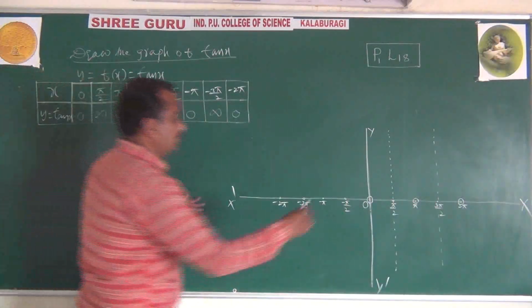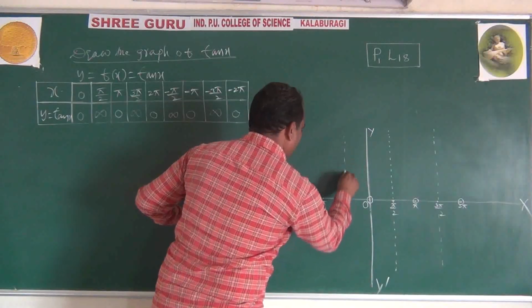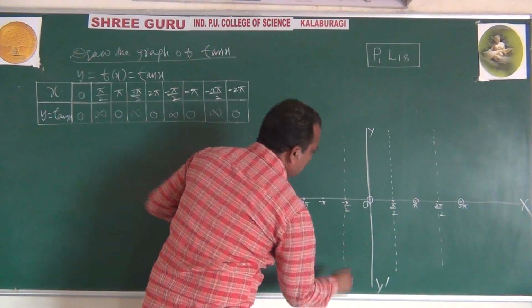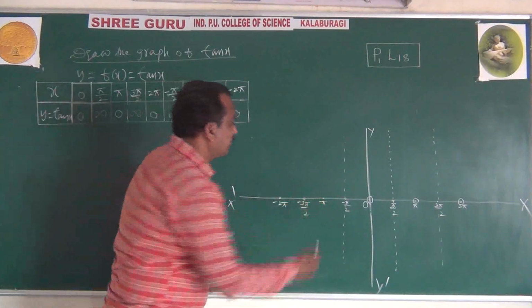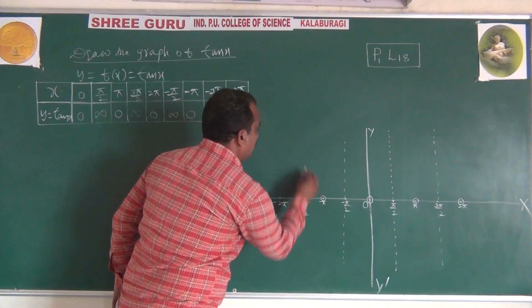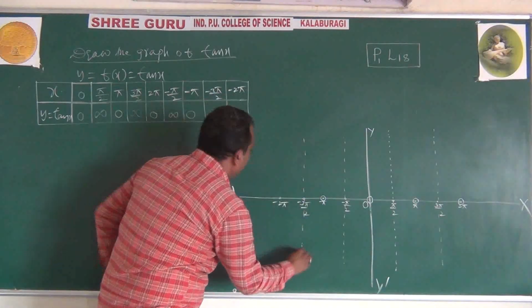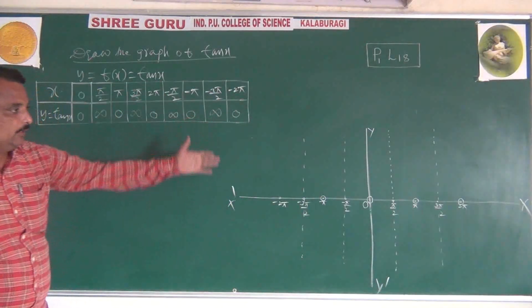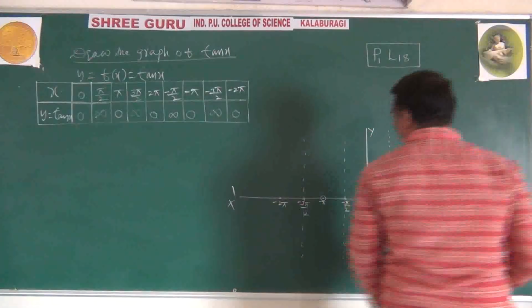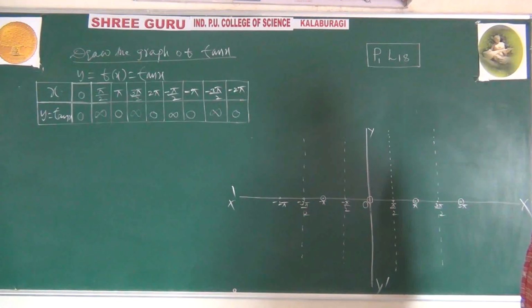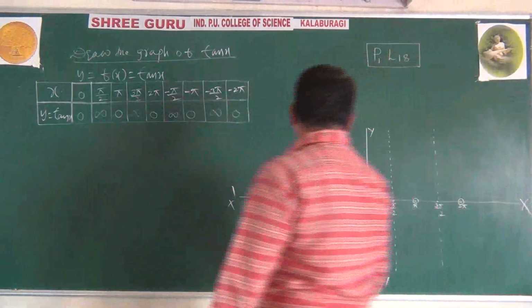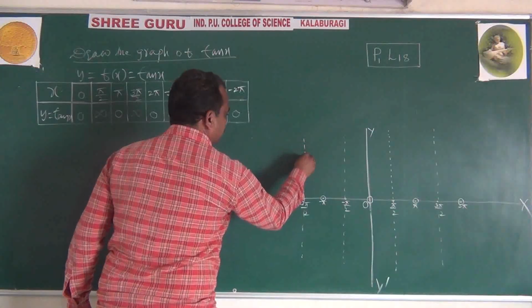Minus pi by 2: infinity. At the x value of minus pi by 2 it is infinity. Minus pi, 0. Minus 3 pi by 2, again infinity. Here, see, students, I have marked the infinity lines like that. You don't know where that value stops, so I have taken dotted lines here.